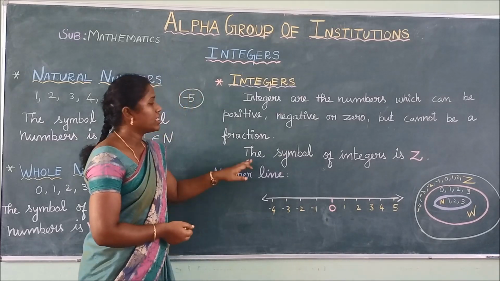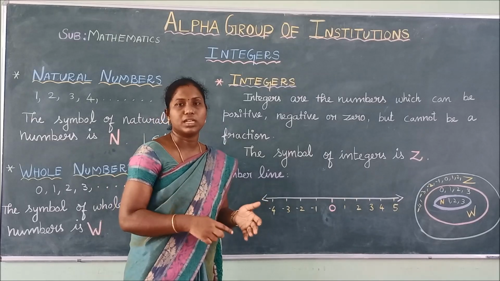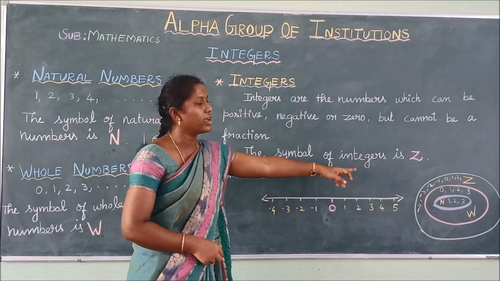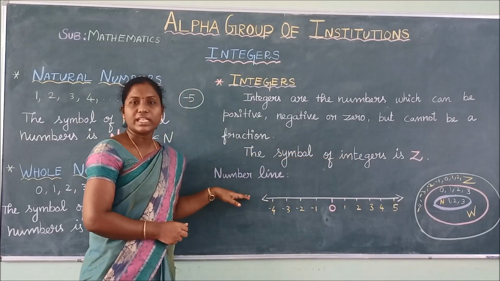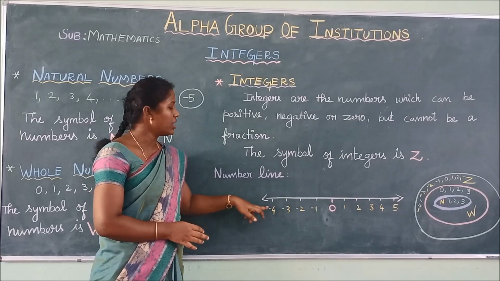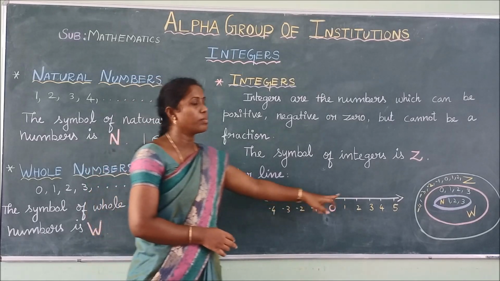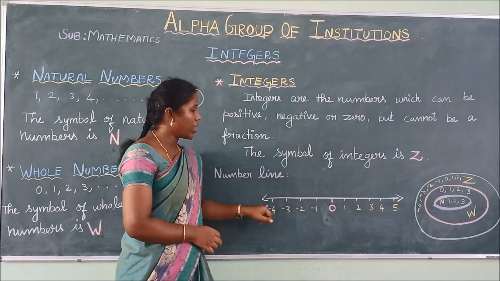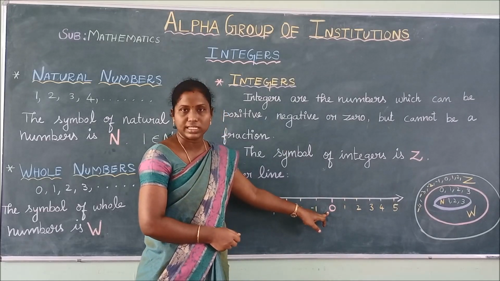Yes. And the symbol for the set of integer numbers is denoted by the letter Z. Now the best way to express integers is using the number line. We know about the number line, just expressing the numbers on a line. You draw a straight line and put arrows on both sides. At the middle of the number line, we have 0.